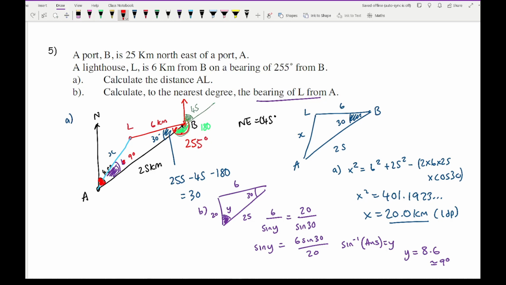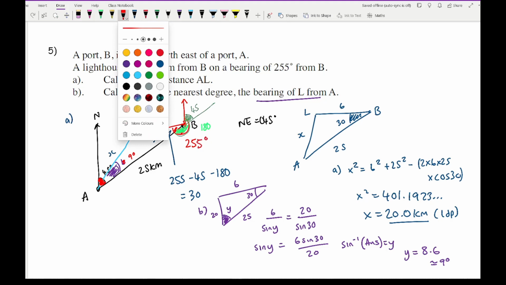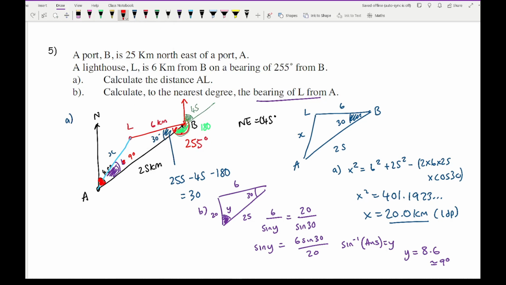Now if all of that angle there is 45 degrees from A to B, and this bit here is 9, then this angle here, and again apologies for the colour, is going to be 45 minus 9, which gives us an angle of 36 degrees. So it's 036, and there is our final answer.